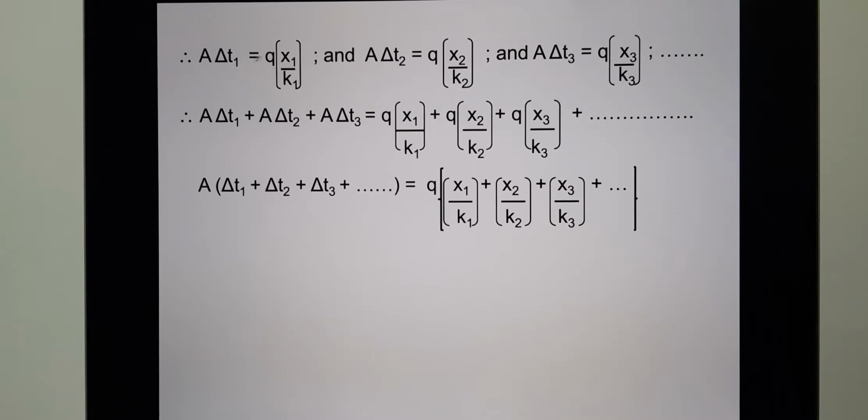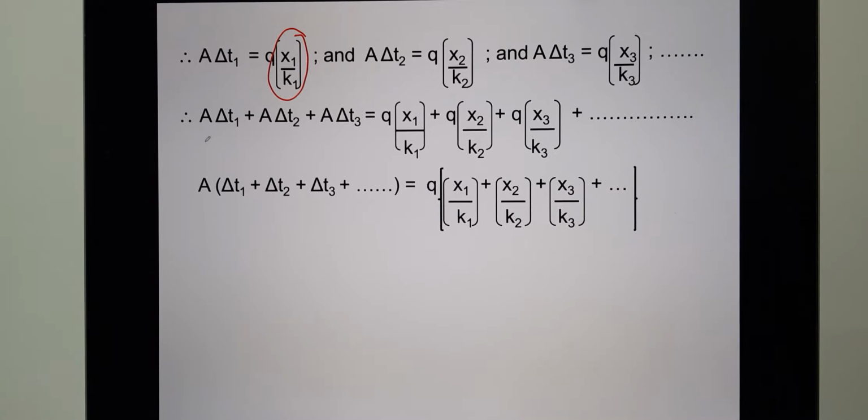Okay, and then we rearrange the equation. A delta T1 equals to Q x1 over k1, because this x1 over k1 is related with the conductance. And then A delta T2 equals to Q x2 over k2, and A delta T3 equals to Q x3 over k3.